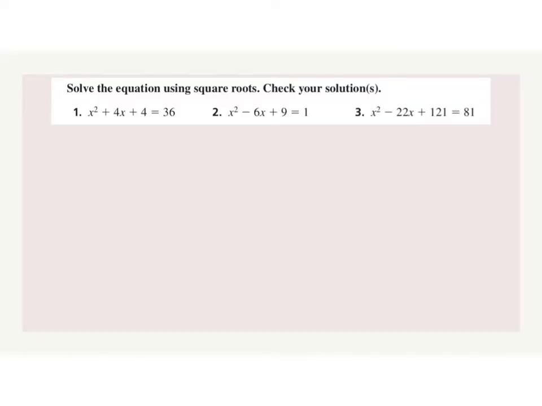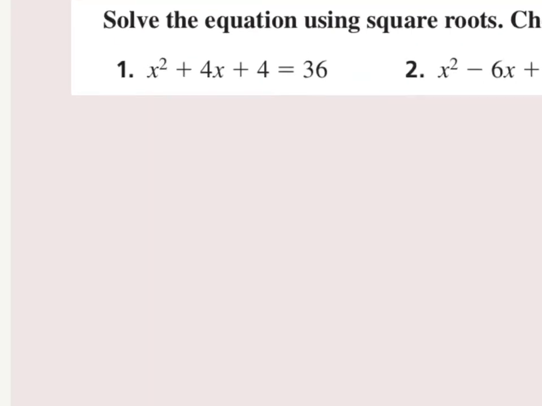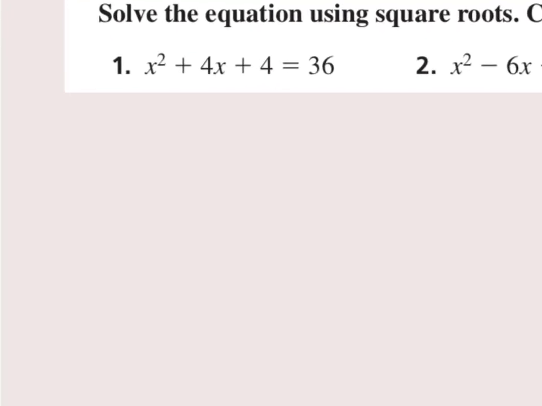So let's look at number 1. We need to solve the equation using square roots. So we have a perfect square trinomial on the left. What does this factor into? x plus 2.